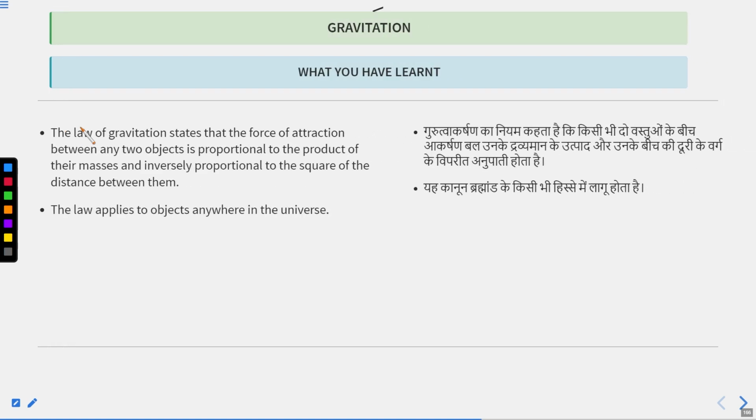The law of gravitation states that the force of attraction between two objects is directly proportional to the product of their masses and inversely proportional to the square of the distance between them. This is a universal law applied to every object.